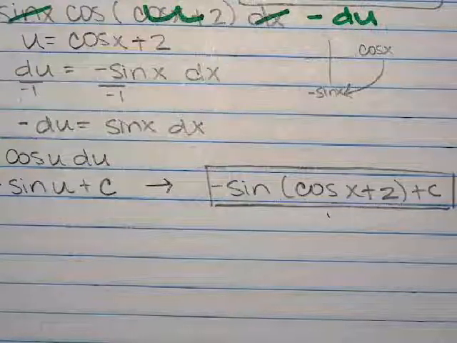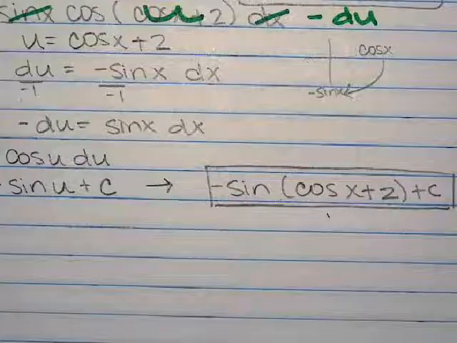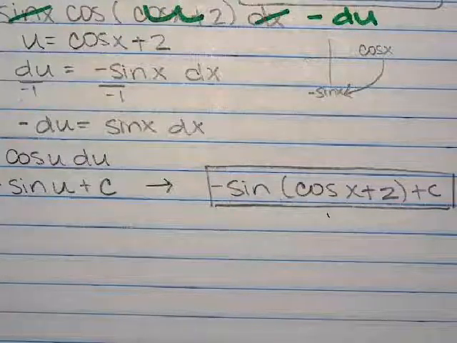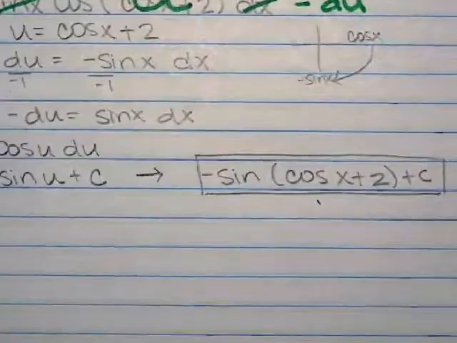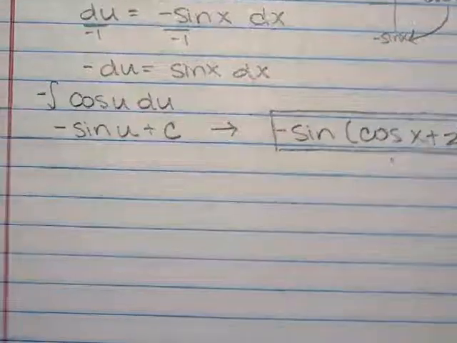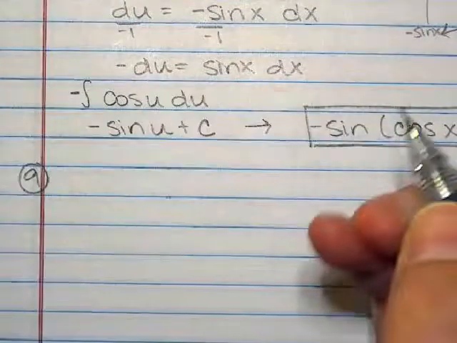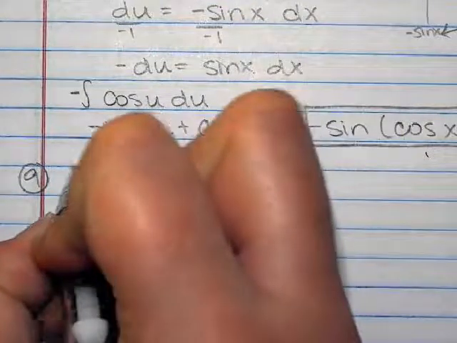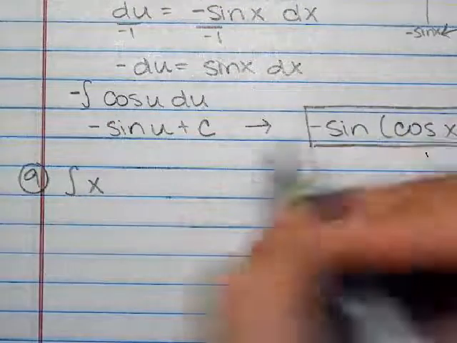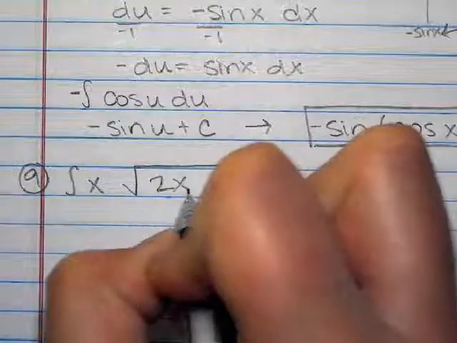Okay, this next one is gonna blow minds a little bit. Are you ready? Okay, this one, x square root 2x minus 1 dx.